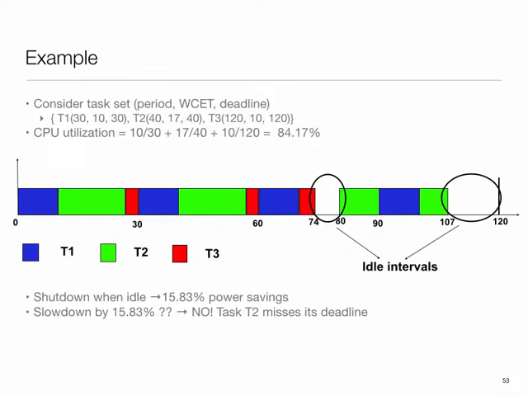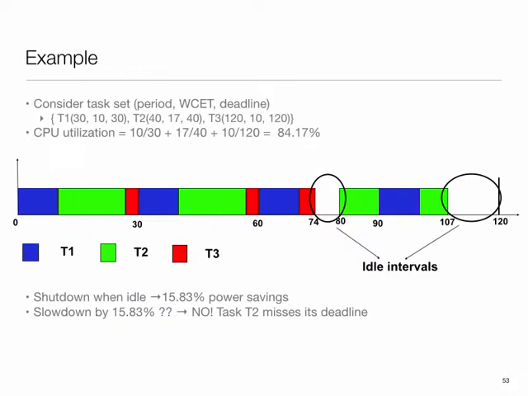So in this particular case, CPU utilization, which is worst case execution time divided by the period, is 84.17%. So looking at this basically says that I could shut things down and save around 16% of power.